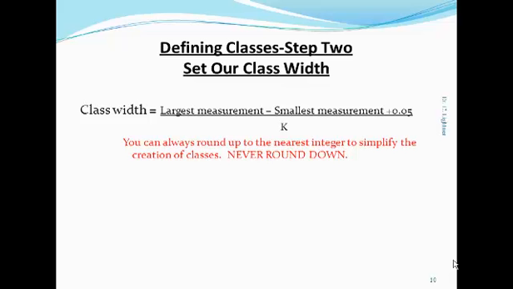So even if you end up with a class width value of 10.2, you can round that number up to 10.5 or round it up to 11 in order to simplify our process. However, you should never round that number down to 10. We put this comment here in red on this slide just to remind you that normal rounding rules should not be applied in this situation.